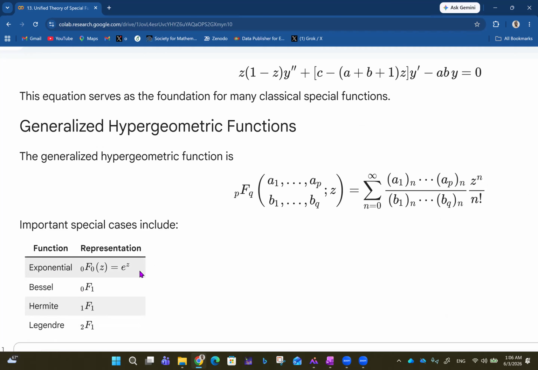That will be e raised to the power z simply. So exponential is 0F0, Bessel is 0F1, Hermite is 1F1, and Legendre is 2F1.